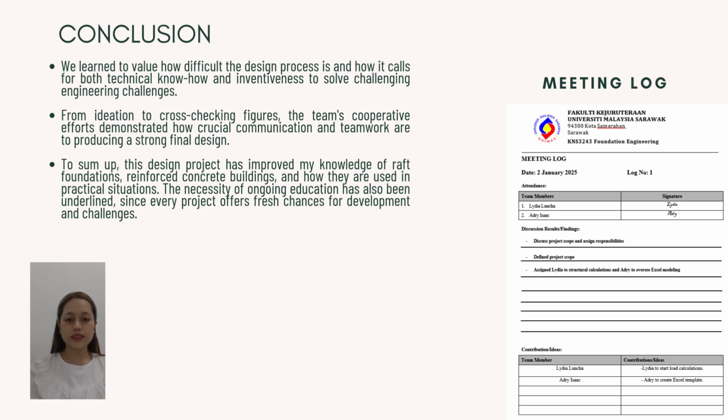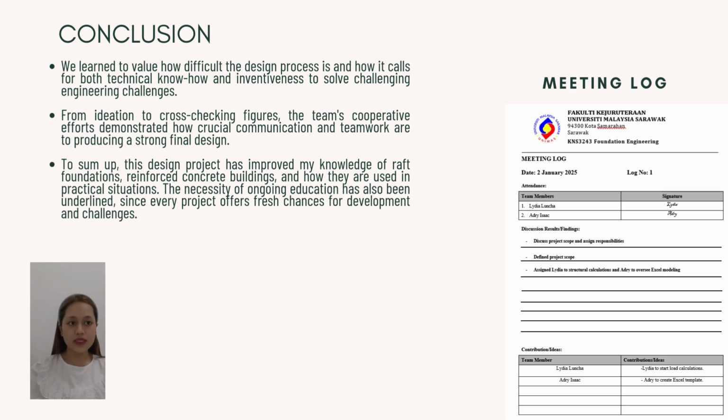To conclude this project, we have learned to value how difficult the design process is and how it calls for both technical skill and inventiveness to solve challenging engineering problems. In addition to cross-checking figures, my team's cooperative efforts demonstrate how crucial communication and teamwork are to produce a strong final design.